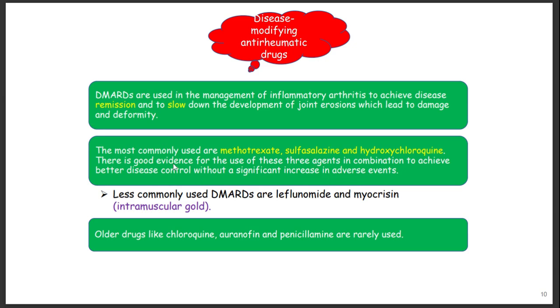Okay. There is good evidence for the use of these three agents in combination to achieve better disease control. So, if you really want to help someone, instead of giving these drugs as individual drugs, you want to combine the three drugs. It will actually be much, much better.